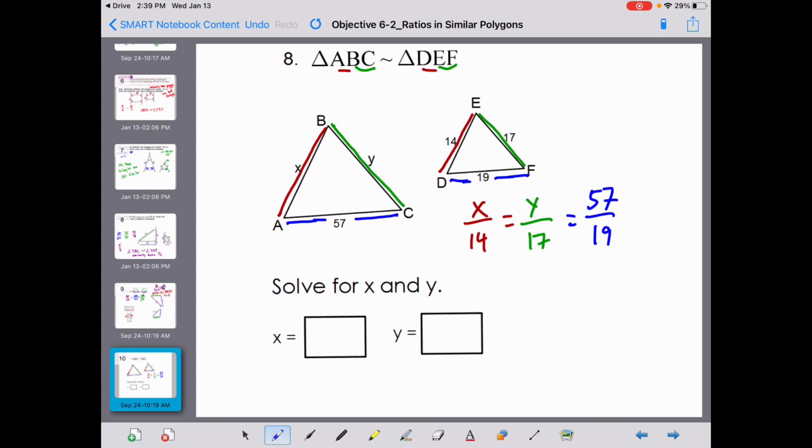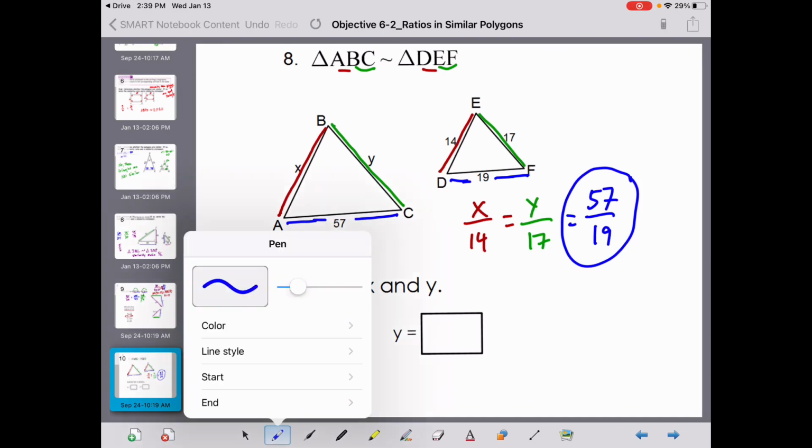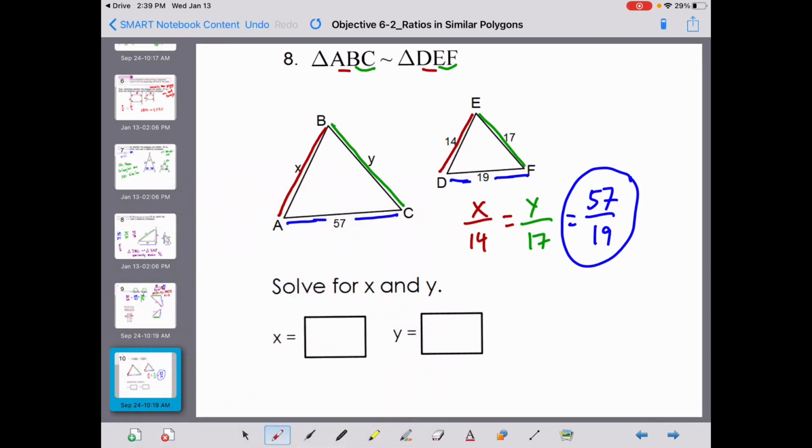All right, so x over 14, y over 17. I have to find x and y, but I can't find x and y if they're both in the problem. So I'm going to have to break this into two smaller problems and use that 57 over 19 both times.